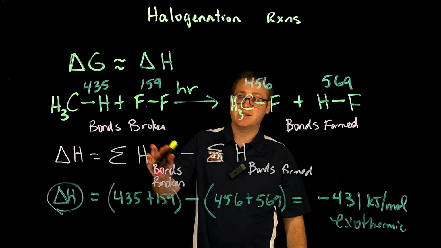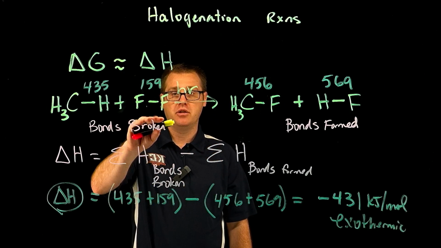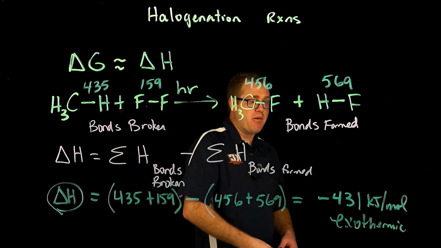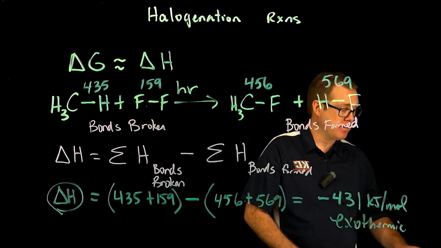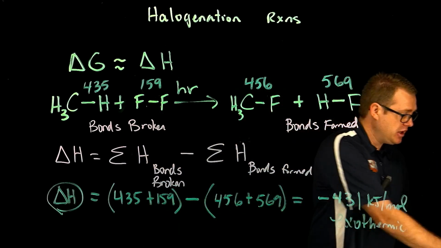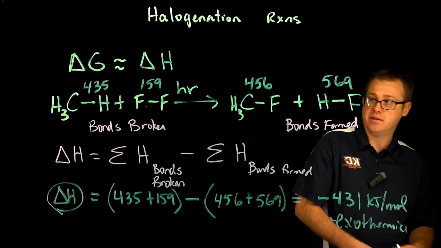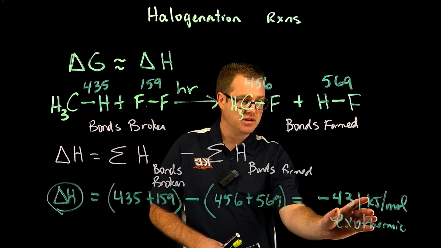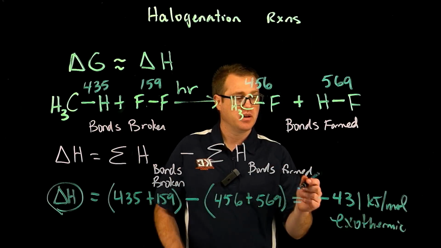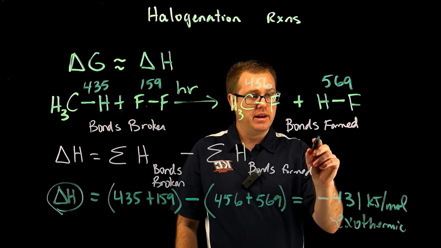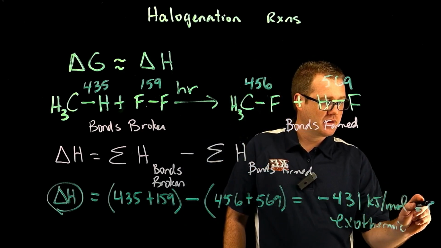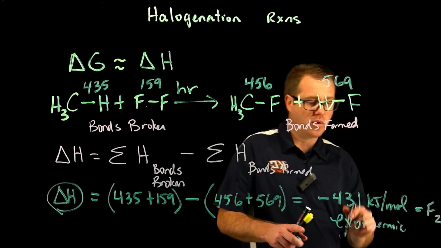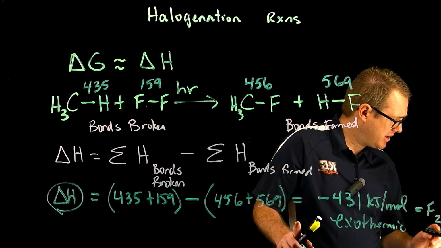Okay, so now you could do this same math if you're looking at chlorine, bromine, iodine. And when you do all that math for each one of those halogens, you're going to see something very interesting. So when we do this reaction for fluorine, that's our answer. It's exothermic. So this is for fluorine, okay? But when you do the reaction with chlorine, the answer is a little bit different.